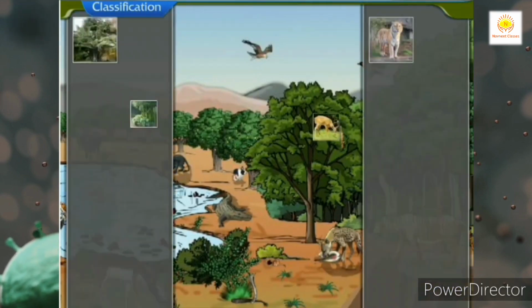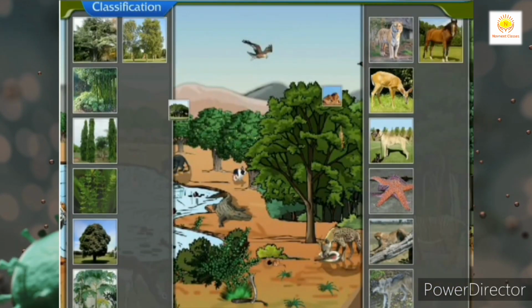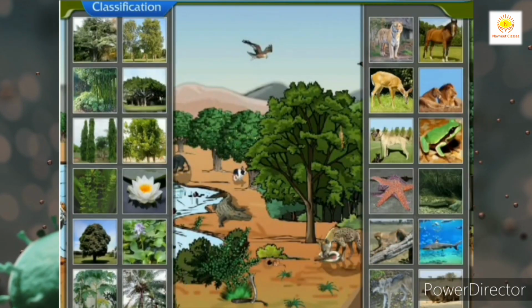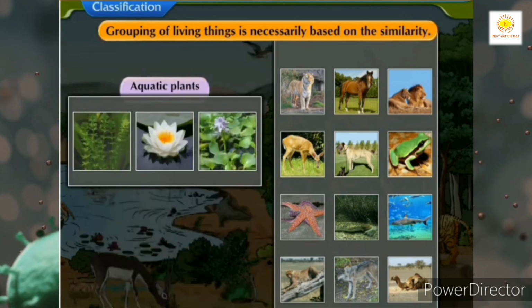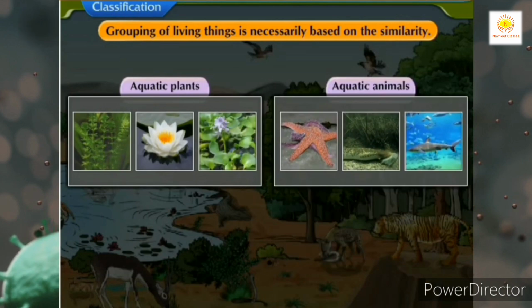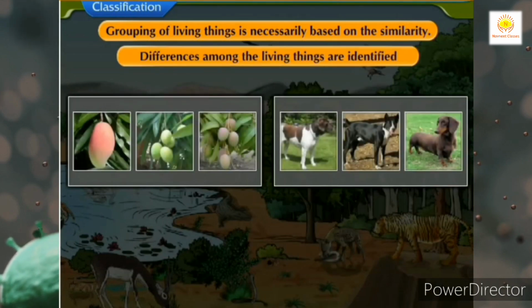As we observe various life forms in nature, there is a need for organization of these forms. The grouping of living things is necessarily based on similarity. For example, aquatic plants and aquatic animals. Then, differences among the living things are identified.